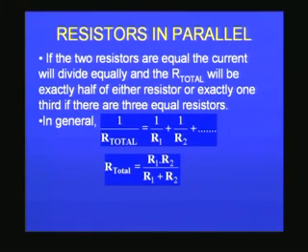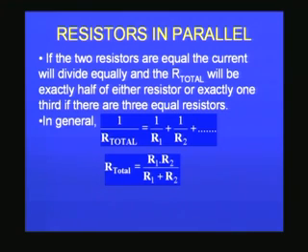So this is important. How do I obtain the total resistance or the combination resistance in the case of resistors which are connected in parallel? I have given the formula on the screen now. If two resistors are equal, then because they are equal they will have equal currents flowing through them, and therefore when the current divides you would also see the resistance will be half of the full value.